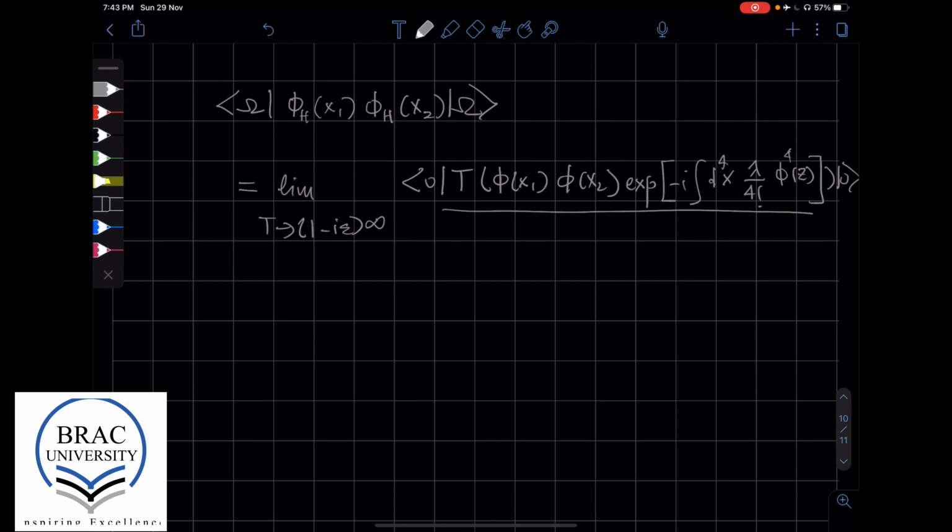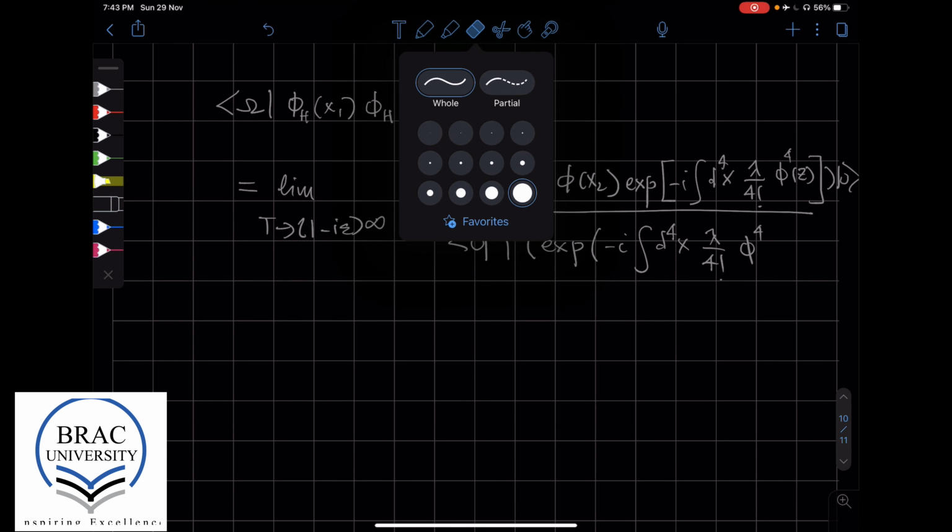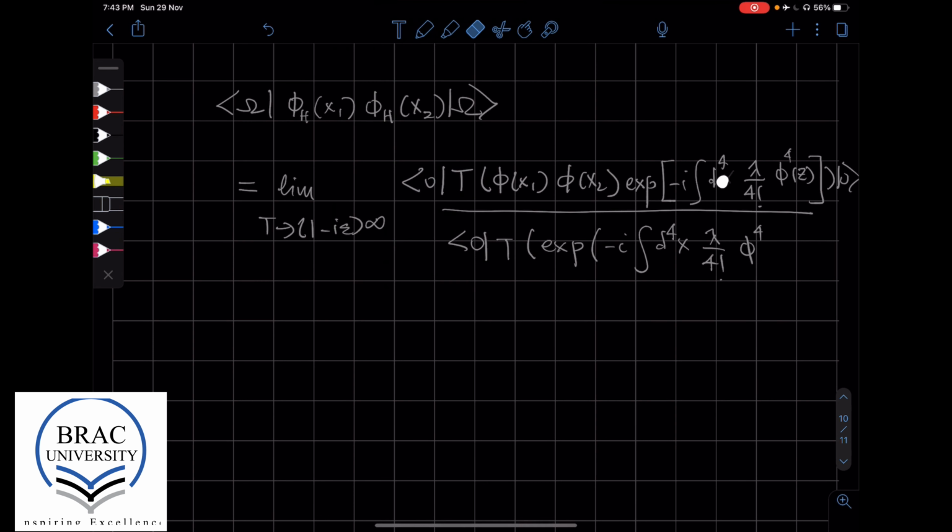And then in the denominator, we just have the time-ordered exponential. We should really use z here and z here.